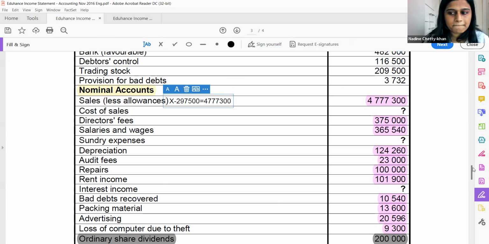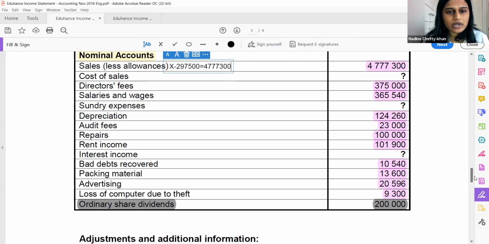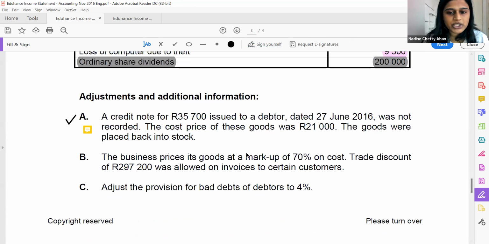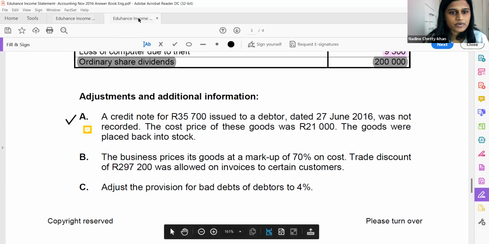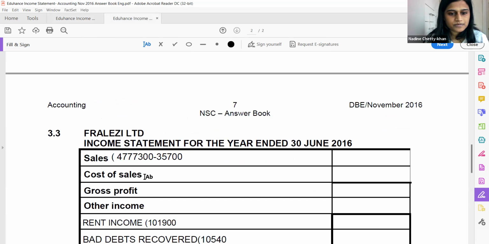Okay. So what we are going to do to calculate cost of sales is use the markup. It's 70% on cost. First let's calculate sales.